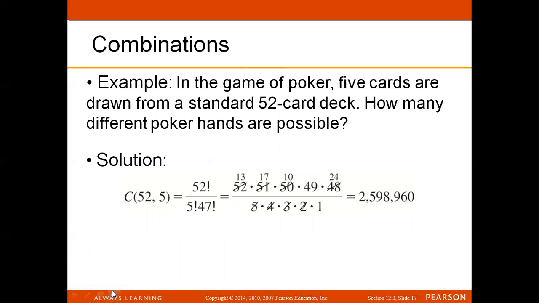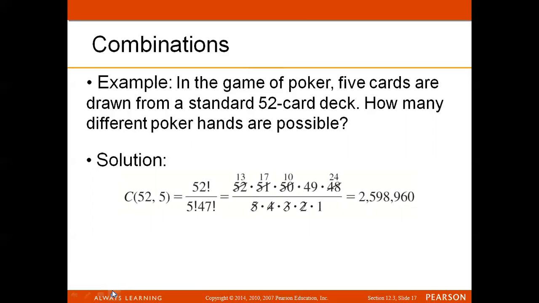In the game of poker, 5 cards are drawn from a standard 52 card deck. How many different poker hands are possible? This is a combination 52 choose 5 question because order doesn't matter. When you're given 5 cards, you rearrange them in your hand, often from lowest to highest. Maybe you group your pairs, right? But you rearrange your cards often, and that's the same hand.